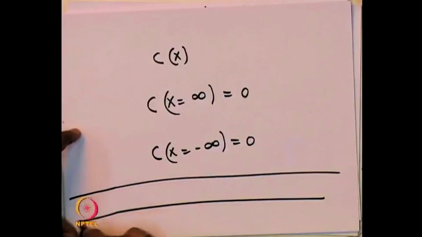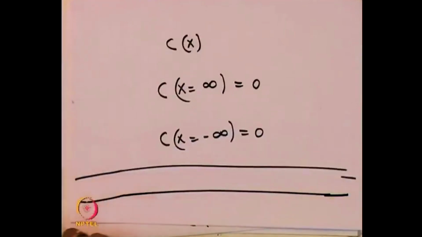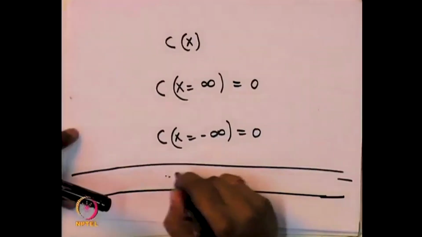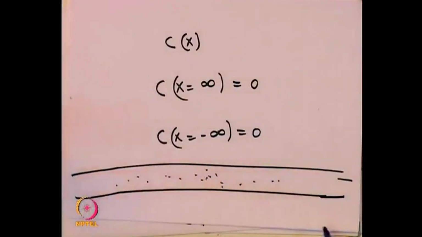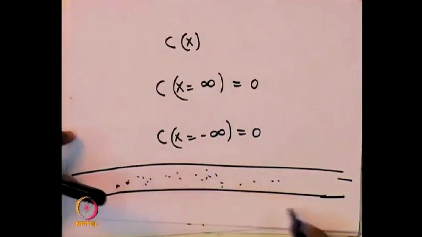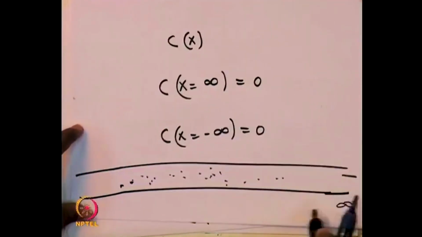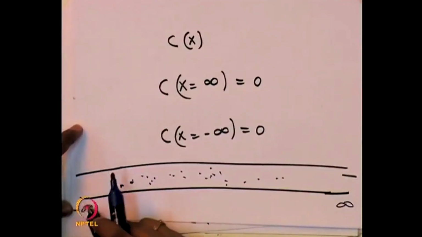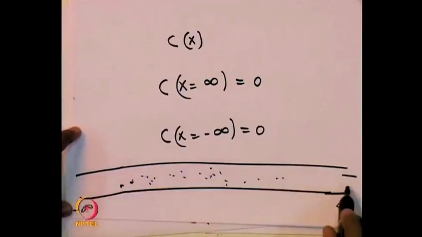If you had a pipe like this, and we had some molecules here, after any finite time they would not have reached far away, infinity and minus infinity. Here the concentration will be 0, here also the concentration will be 0.